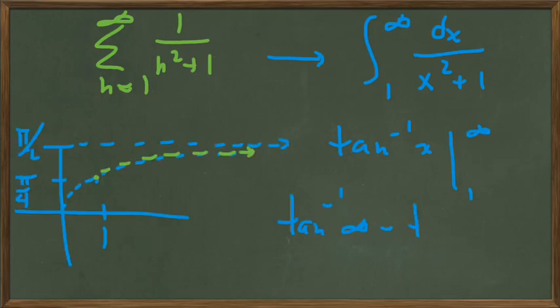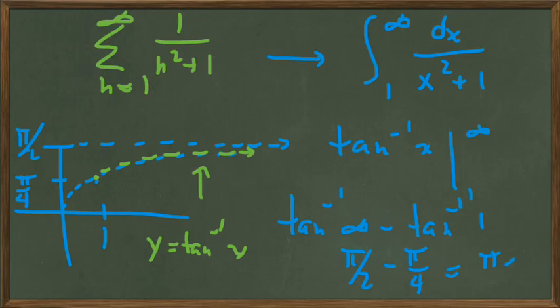We have the graph of y equals tan inverse of x over here, at least a part of it when x is positive, and so tan inverse of infinity minus tan inverse of 1. You can see from the graph tan inverse of infinity is pi over 2, and tan inverse of 1 is pi over 4.